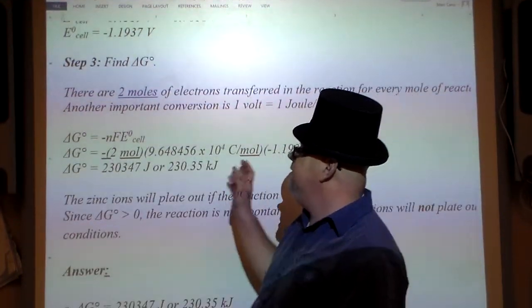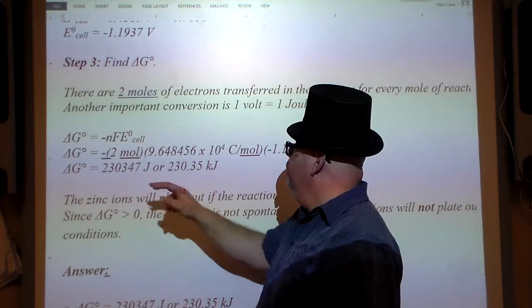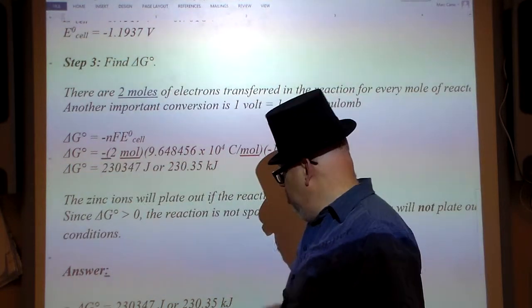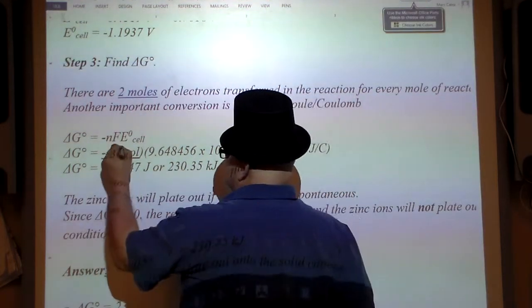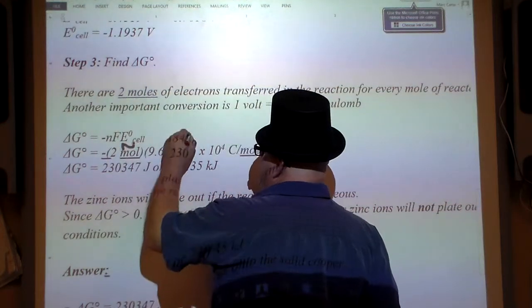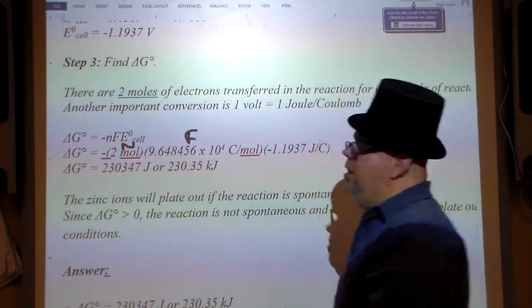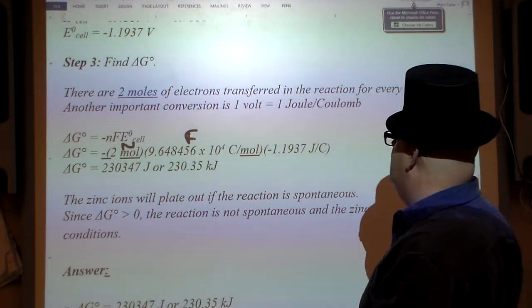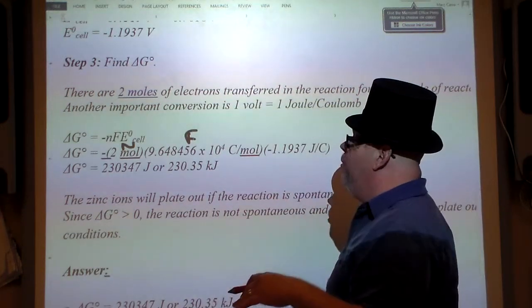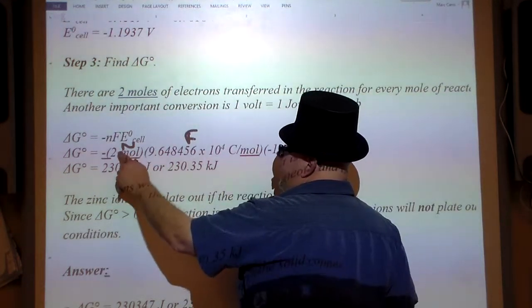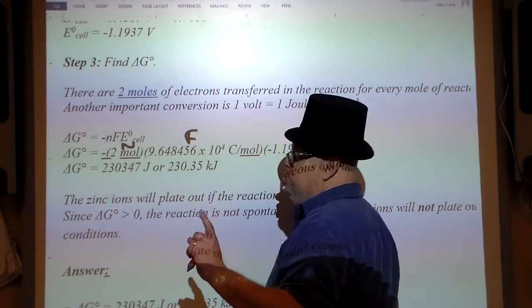So when we plug this in, we've got our information. We have our negative 2 moles. So right here, this is going to be our n. Right here, this is going to be our Faraday constant, about 9.65 times 10 to the 4th coulombs per mole of electrons. Okay, and coulombs is a charge.